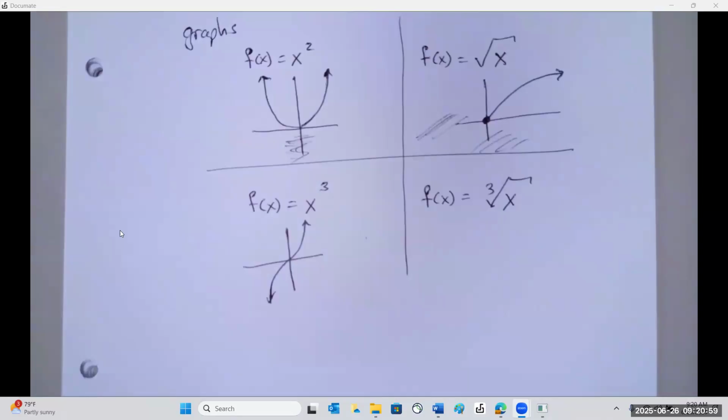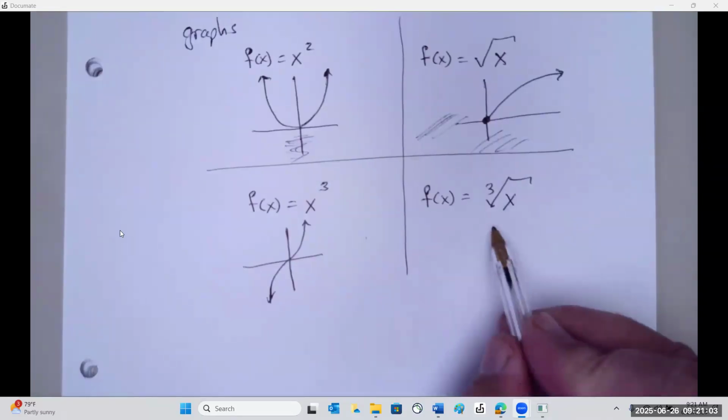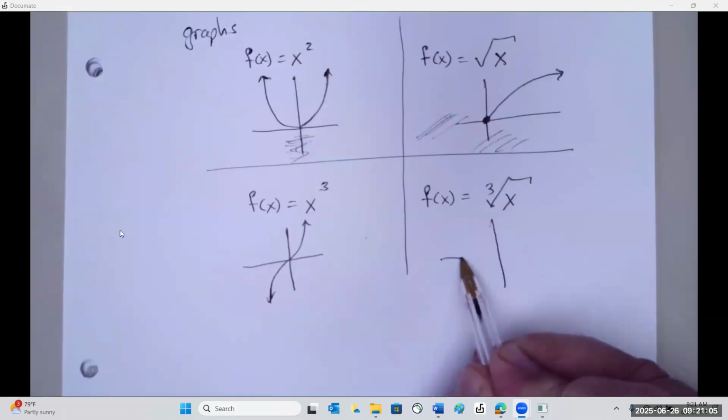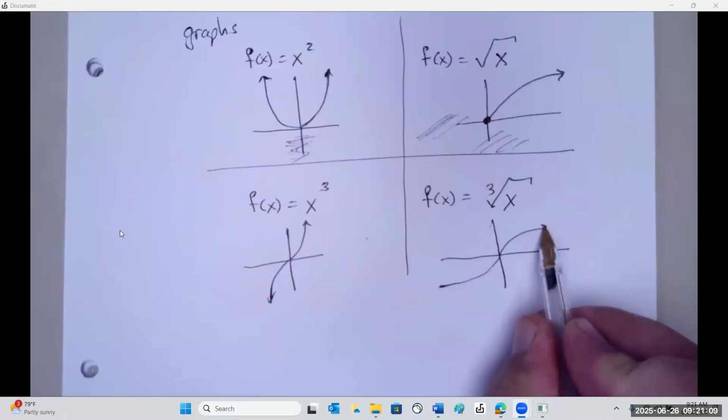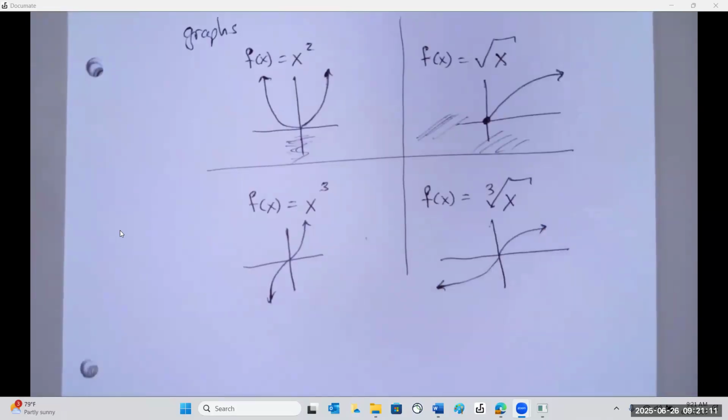The input and the output will be all real numbers. And for the cube root, we have that graph. So your input and output can be negatives, which is what we just talked about. So that's what we did in section 4.